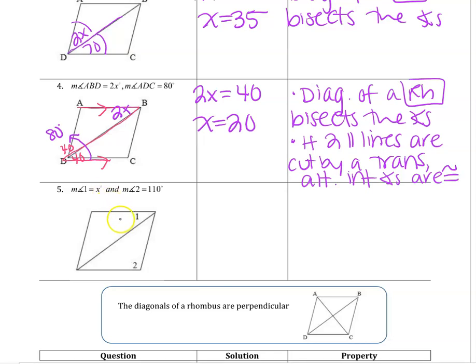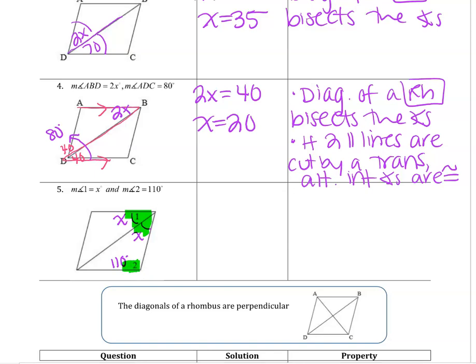All right, last one in this little section. If angle 1 is x and angle 2 is 110, okay, knowing that the diagonal bisects the angle, that means these two little pieces are congruent. So let's call that x and x. Let's actually move the 110 inside. Now let's focus on this whole angle and this whole angle.